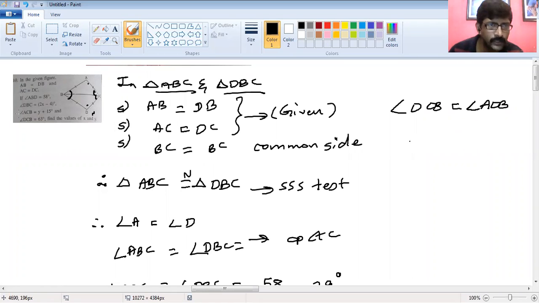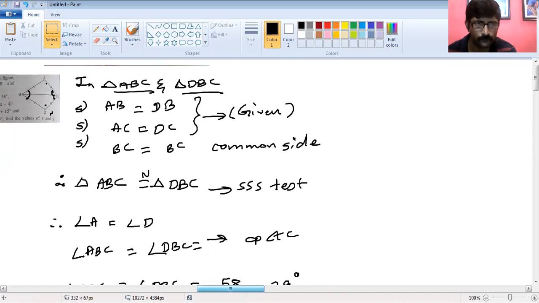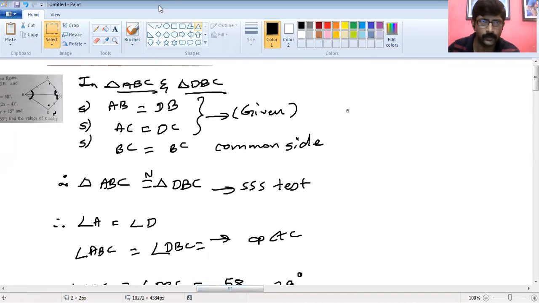So what have they said? What is ACB given as? Okay, my handwriting is not legible, so I'll just clear this part and rewrite. Okay, one second. Okay, angle ACB is equal to angle DCB.